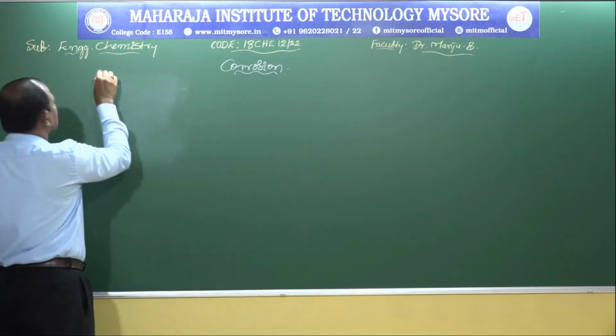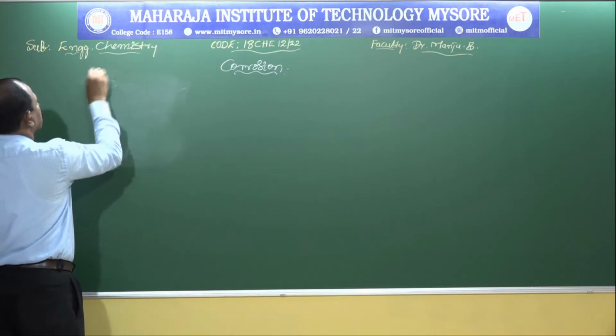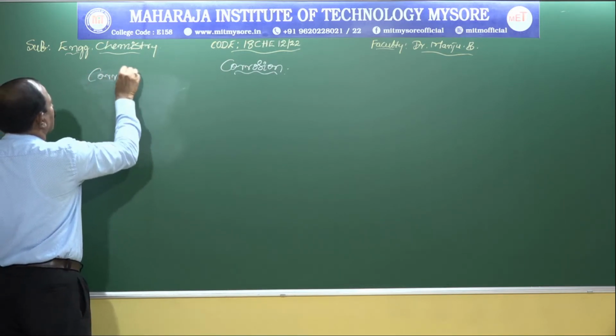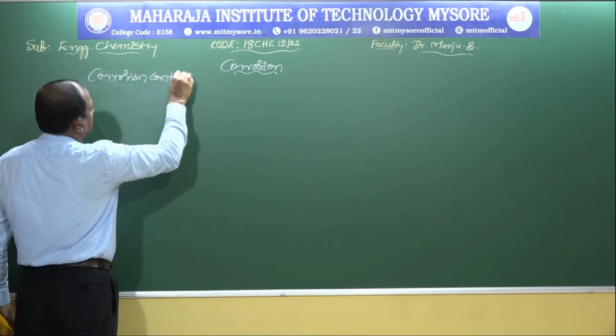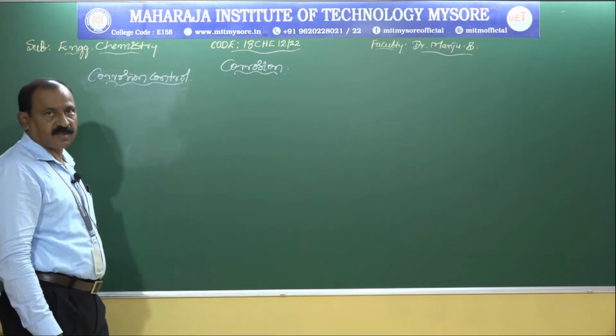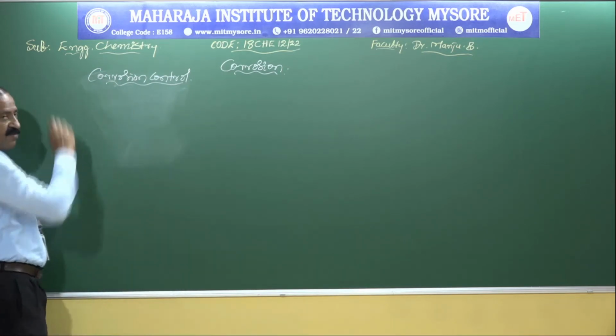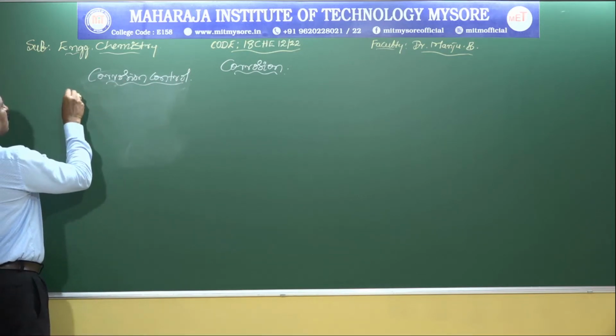Corrosion control. The rate of corrosion can be controlled by two different techniques.